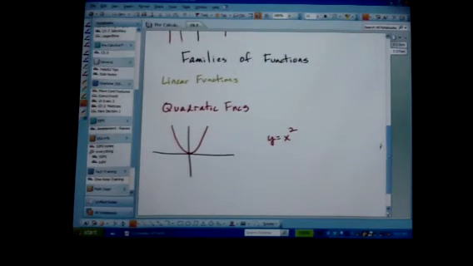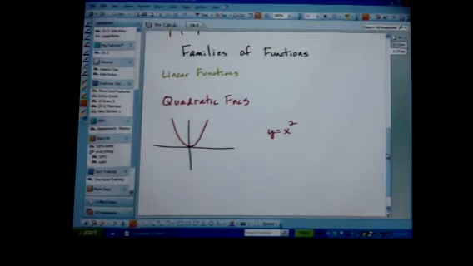Now, remember yesterday I started off by making sure we were clear we knew what a function was, so that we didn't have any fear, any misgivings about dealing with these families of functions, okay? And they're nothing more than a group of ordered pairs where every x has only one y.